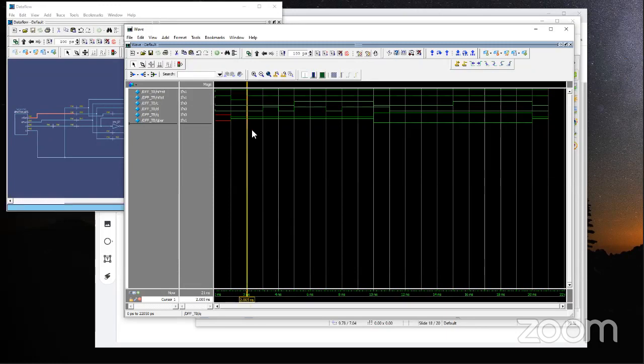So now let's follow the clock. Clock is this guy, right? It toggles at maybe 5 nanoseconds, goes down at 10 nanoseconds, goes up at 15 nanoseconds, goes down at 20 nanoseconds, etc. And D is randomly changing its value.